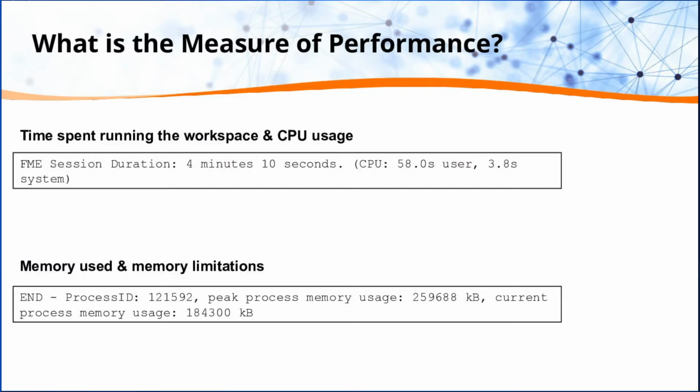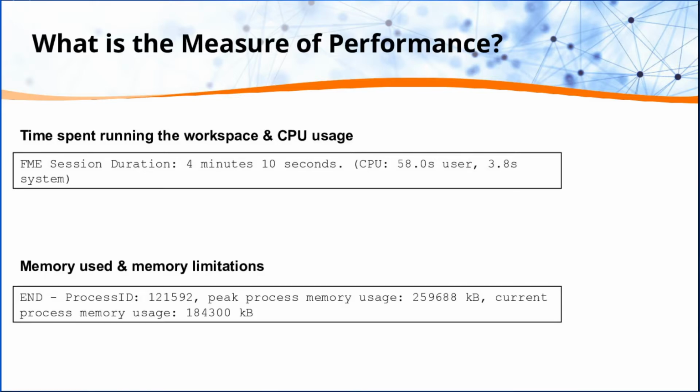So how do we measure performance in FME Desktop, and how do we decide whether this workspace is faster than this one, or whether my workspace is improving? Well, there are a couple of things we can look at. We need to start off by taking a look at the log file and the time it takes to run the workspace. How does this compare to workspaces that we've been running before, or is this a suspiciously large runtime for what should be a quick-to-run workspace?